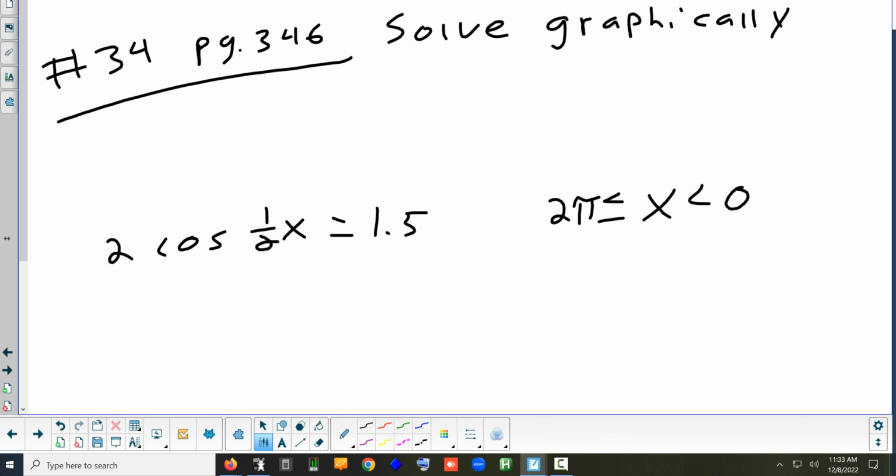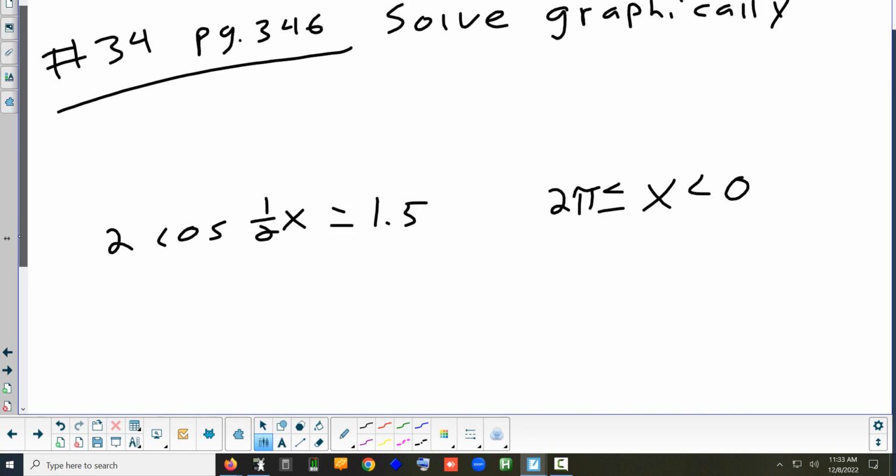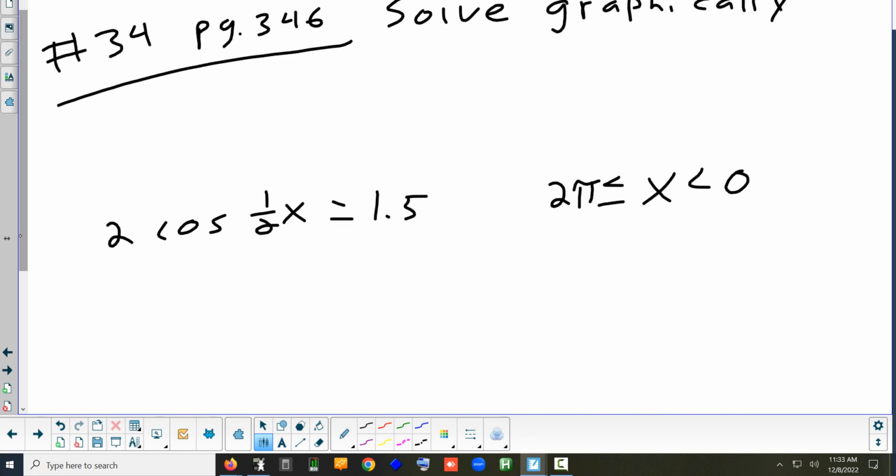All right, let's try this one. So solve graphically. That's impossible. Let me fix that. Wait, what did I say before? Well, it said find a number that's greater than 2 pi and smaller than 0. Oh.